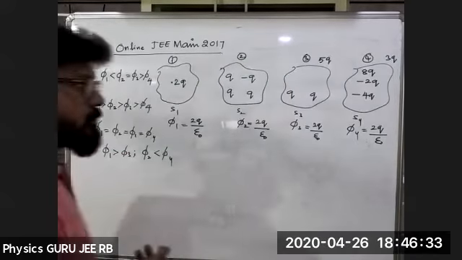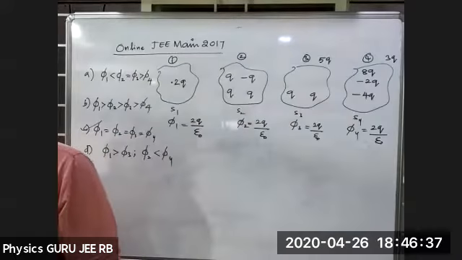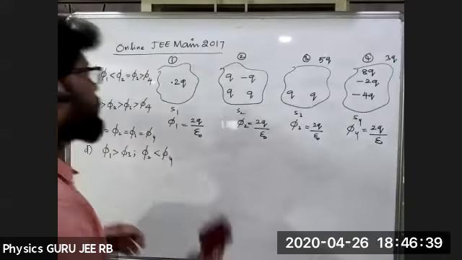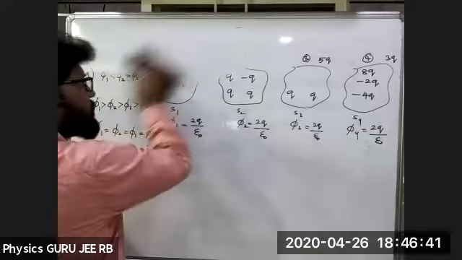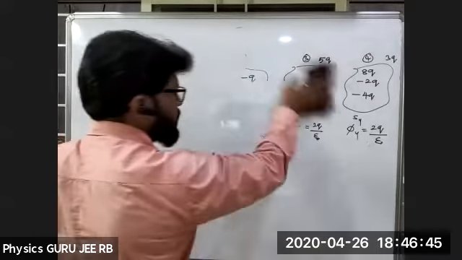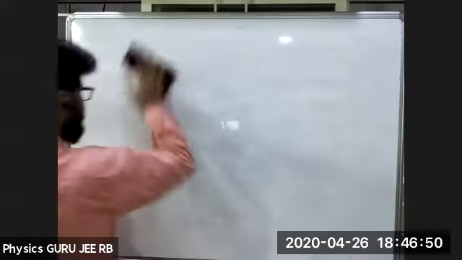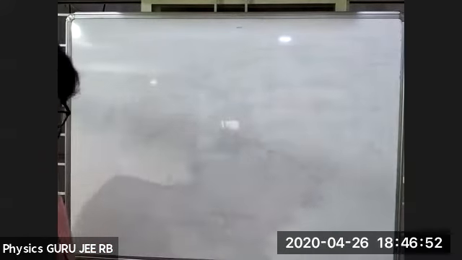Now next we'll move to some more applications of Gauss law. Again, we'll go back to previous JEE questions here. How will questions be asked in the entrance examination based on this topic?